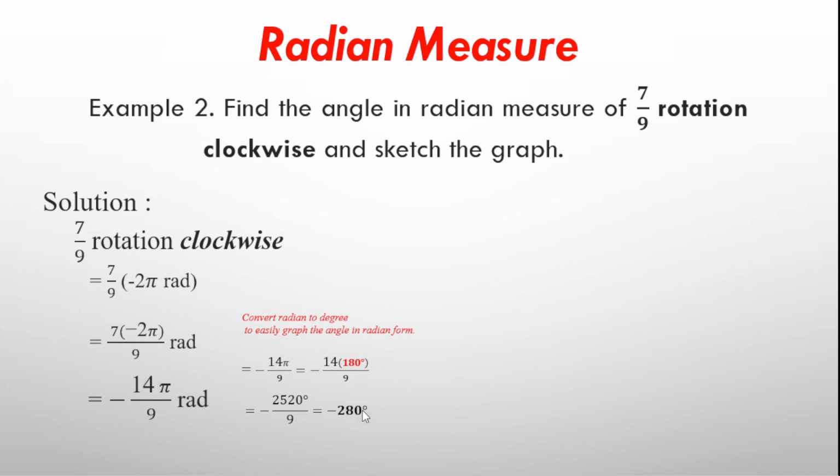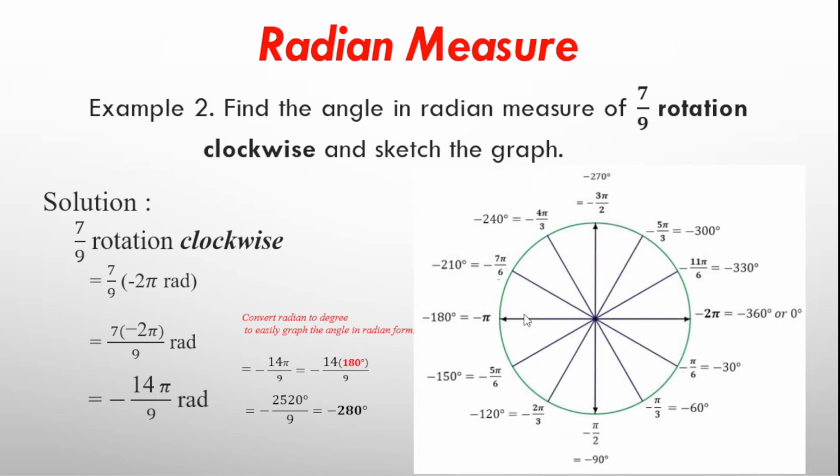It means that the corresponding value of negative 14 pi over 9 radian in degrees is equivalent to negative 280 degrees. So by this degree measure, we can easily now locate or graph the radian negative 14 pi over 9.